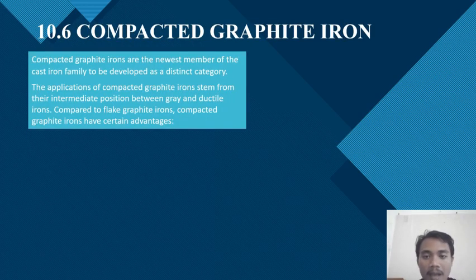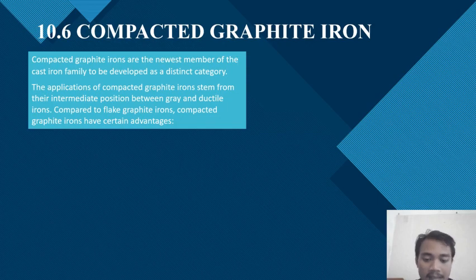Compacted graphite iron is the newest member of the cast iron family to be developed as a distinct category. The application of compacted graphite iron stems from its intermediate position between gray and ductile irons. Compared to flake graphite iron, compacted graphite iron has certain advantages.